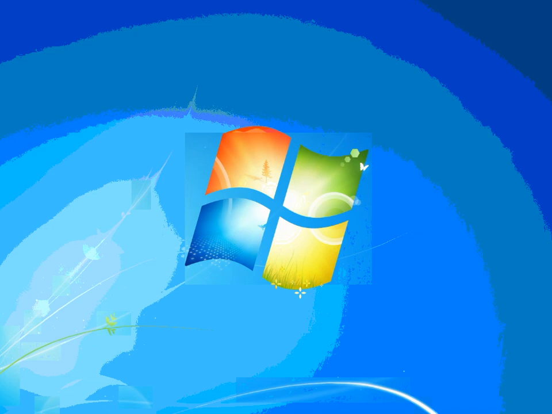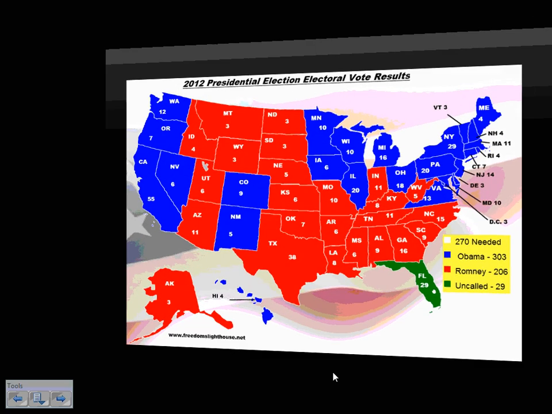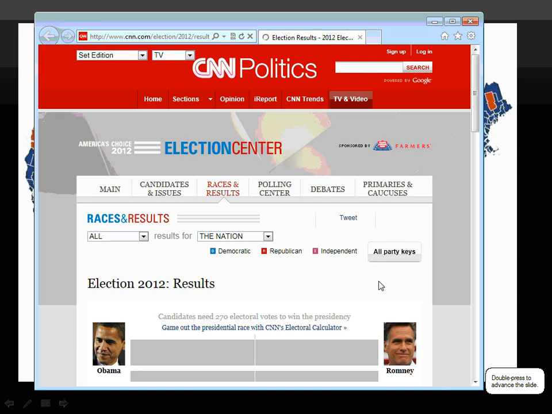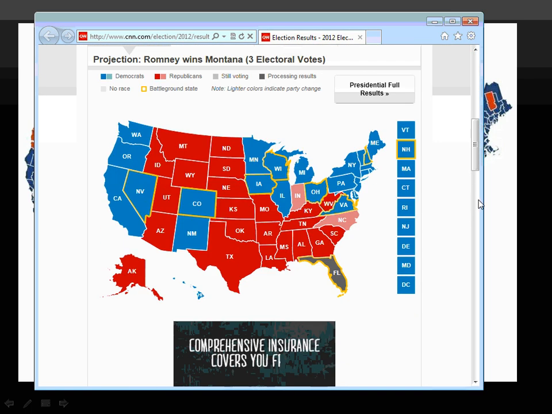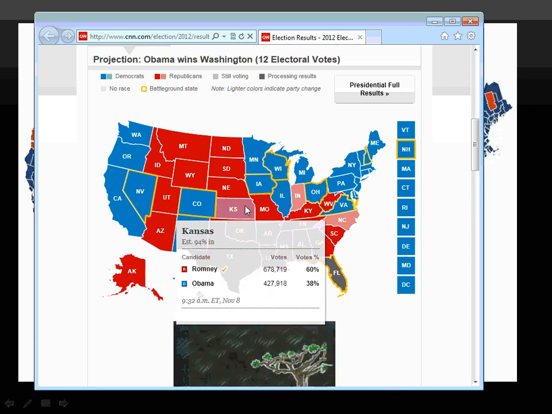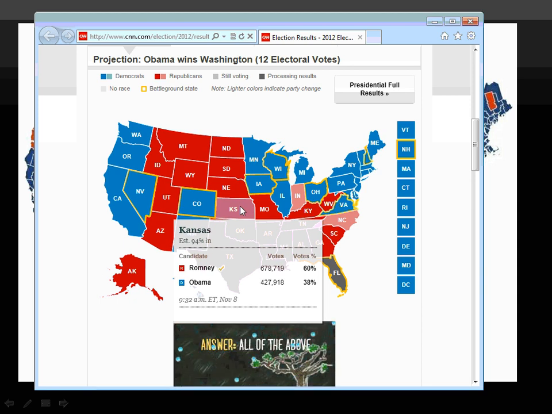Let's see if this works now. If you look at this United States map, CNN has a pretty good interactive site here. And when you go to, let's say, a state of Kansas, it pops up here as a window here.